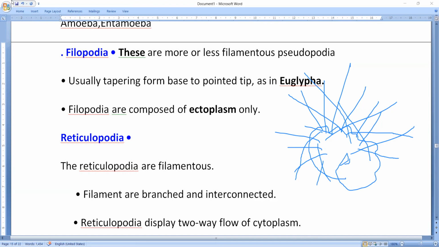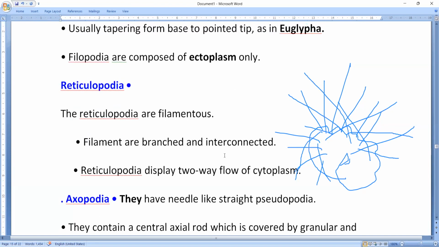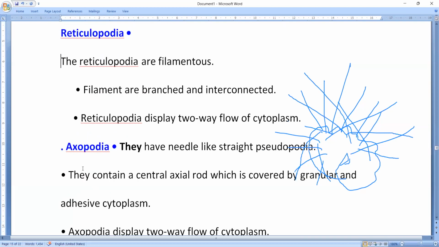Such pseudopodia are called reticulopodia.